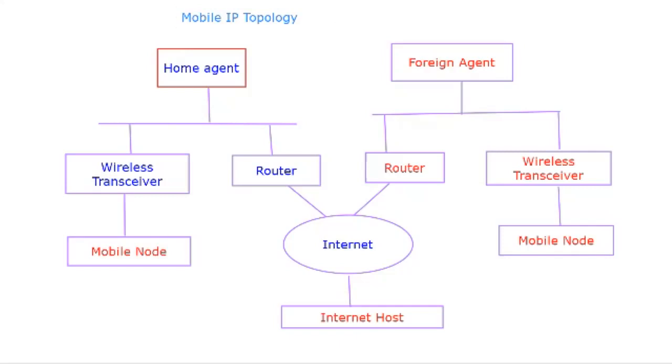Also, with the help of the router, the internet host is connected through the home agent. That means home agent and foreign agent are both connected through the internet. Also, the internet host is present.